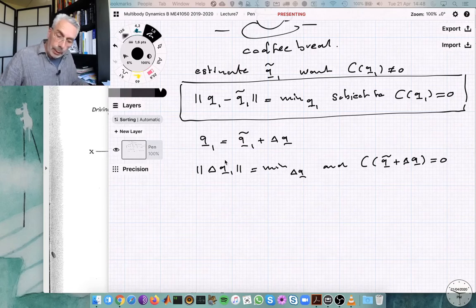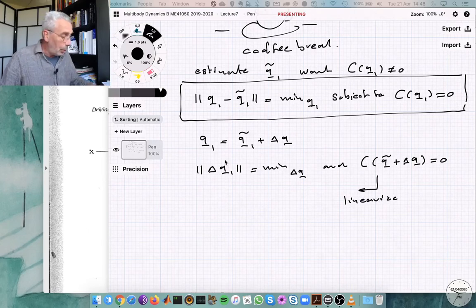Now these are nonlinear equations, so now we're going to linearize these, because those are the only problems we can actually solve, and nonlinear problems are almost unsolvable.